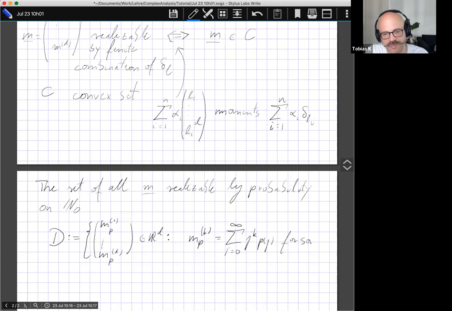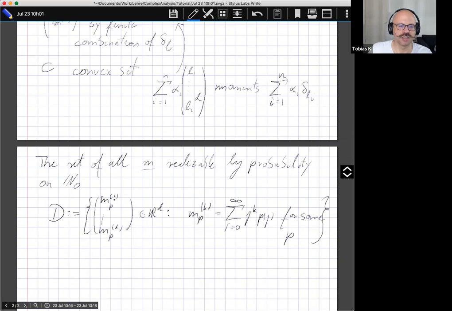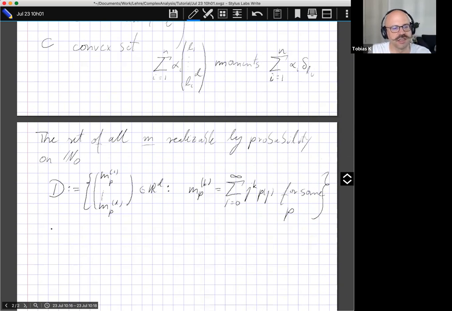This is essentially a tautological definition. And you can easily check that D is also a convex set.